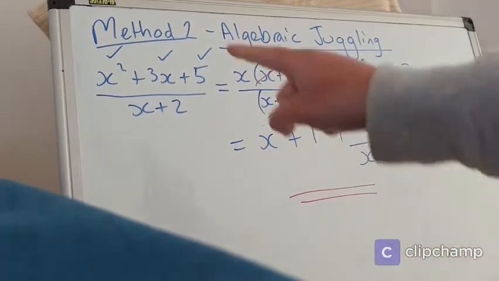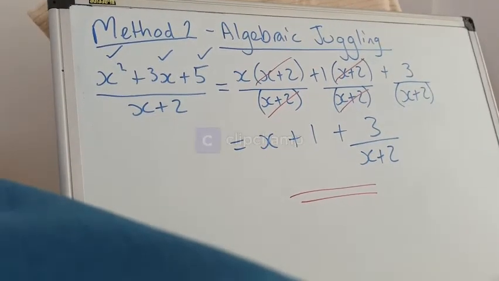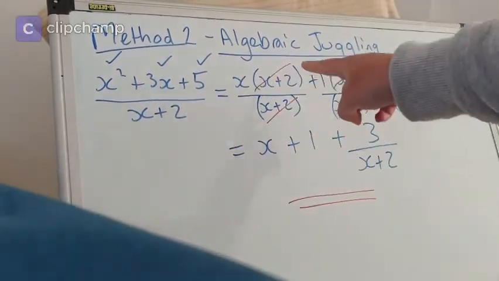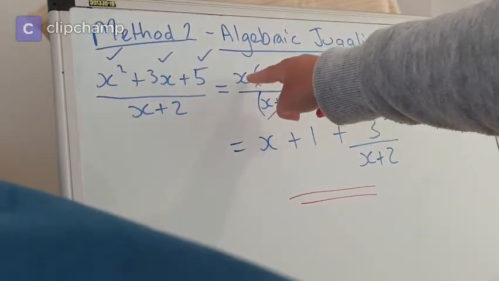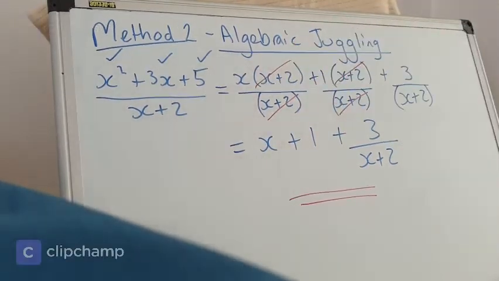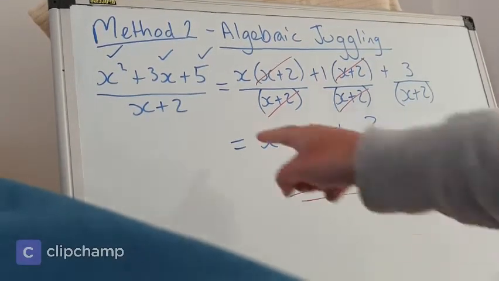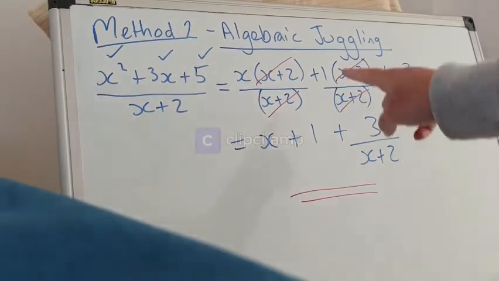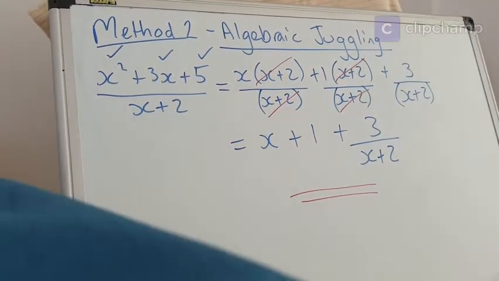To then get the next term of 3x, we might say we could just do 3 times that. But we have to take into account what we already have, because from this term we already have a plus 2x. So instead of multiplying the denominator by 3, I only need 1 more. That's why I multiply it by 1 here.